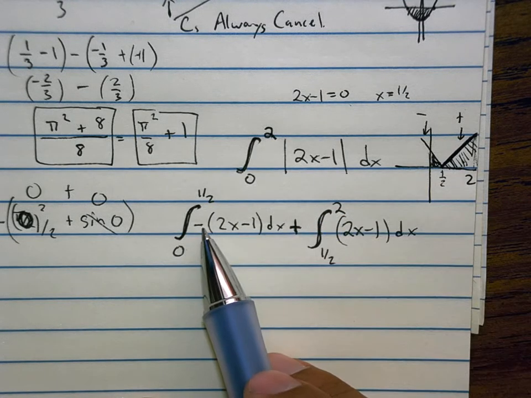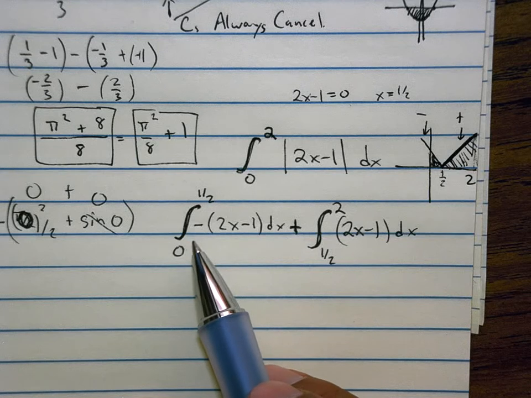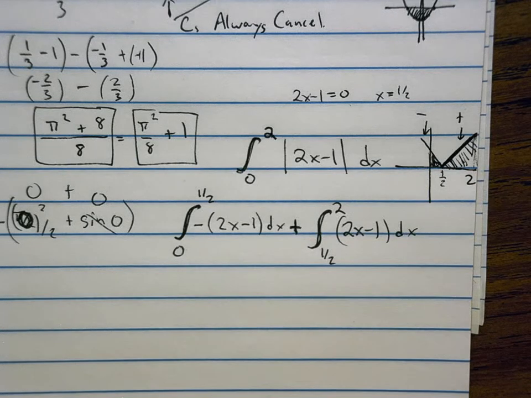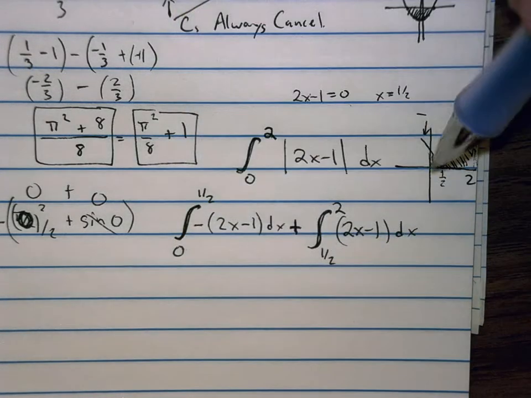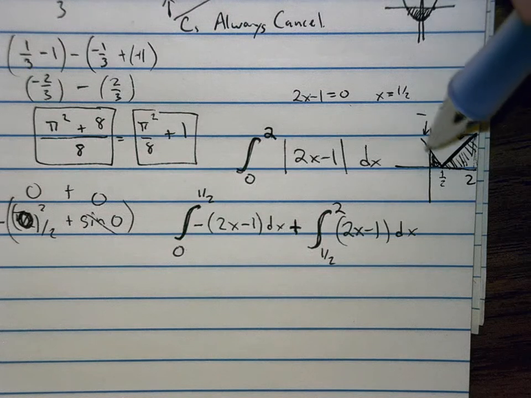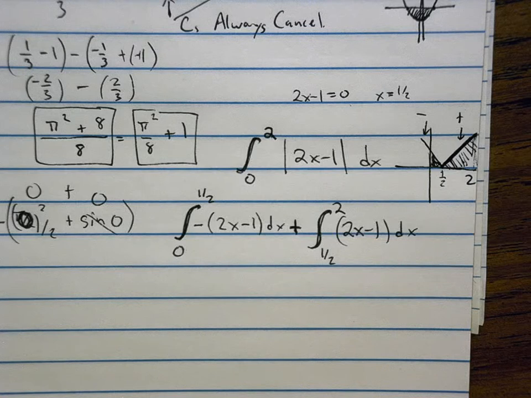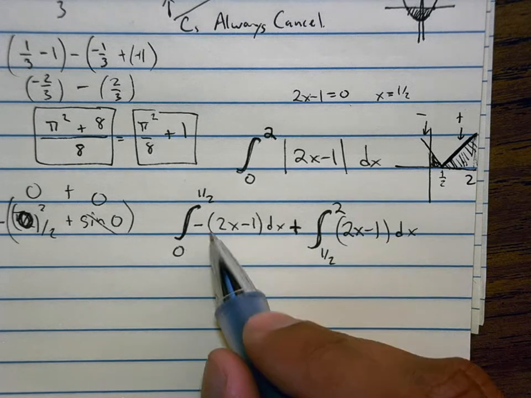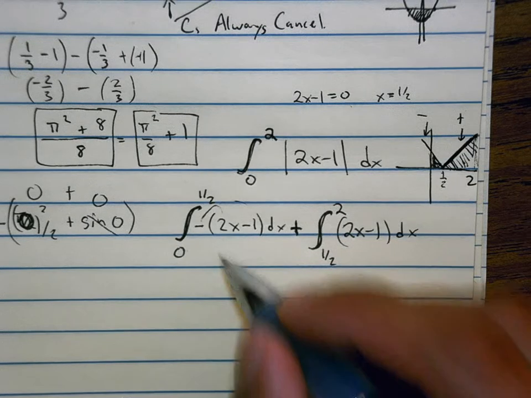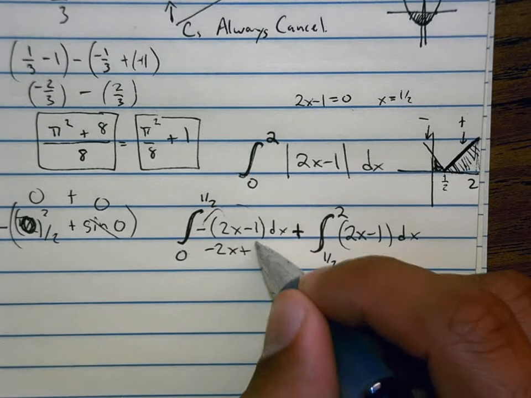I have not distributed this yet, but I will when I start my problem. This is the negative side, the one that has the negative slope going downward. This is the positive one, it has the positive slope. I'm pretty sure you could do it from here. Don't forget to distribute this in first and have negative 2x plus 1.